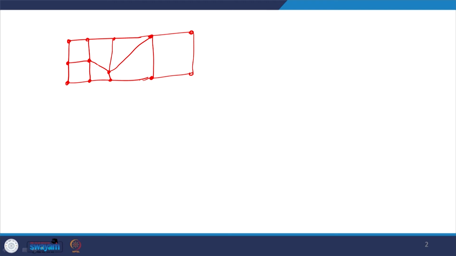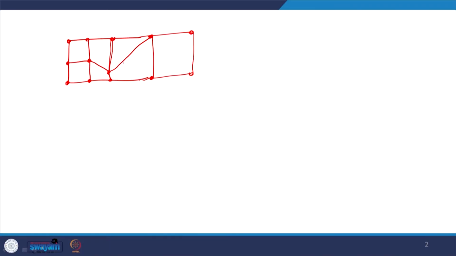So, this kind of element distortion facilitates the transition between finer mesh to large mesh. Of course, this is not a very good mesh, because this is kind of too skewed in element dimensions.